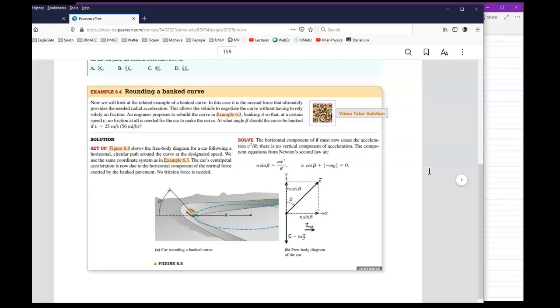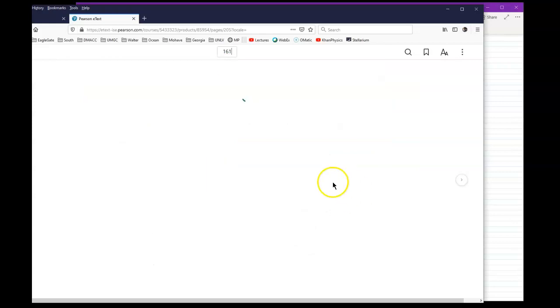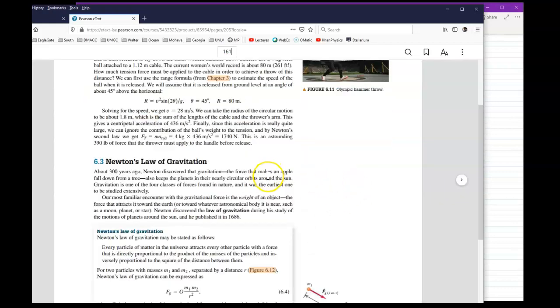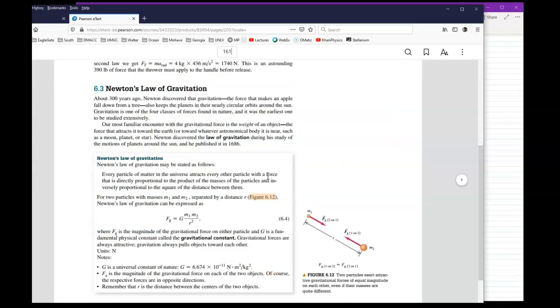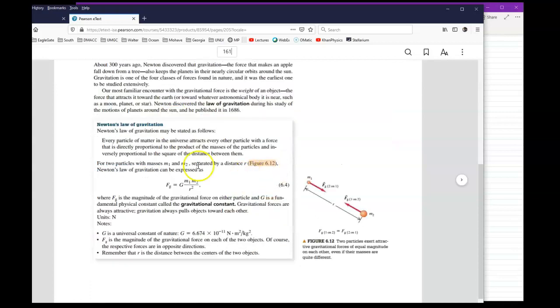Oh, here it is. Newton's Law of Gravitation. That's section 6.3, page 161, to show it to you. Right here, Newton's Law of Gravitation begins here. Please take the time to read it.